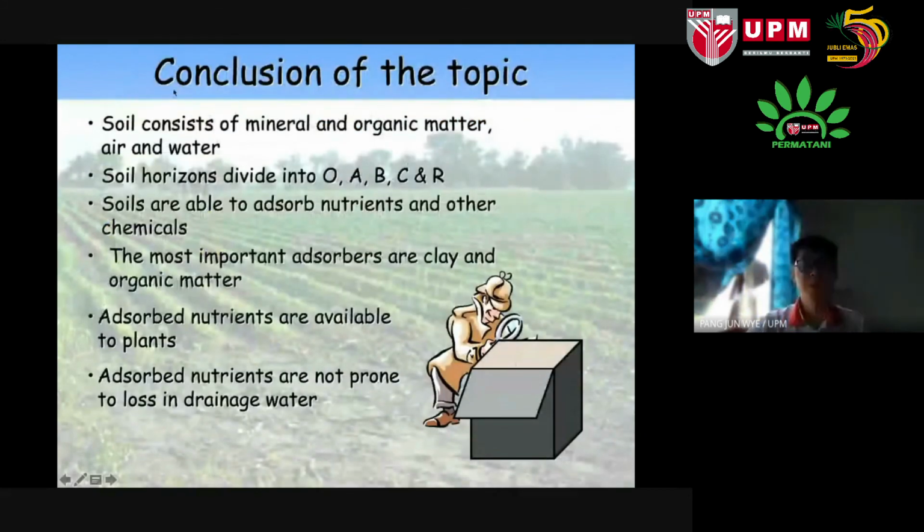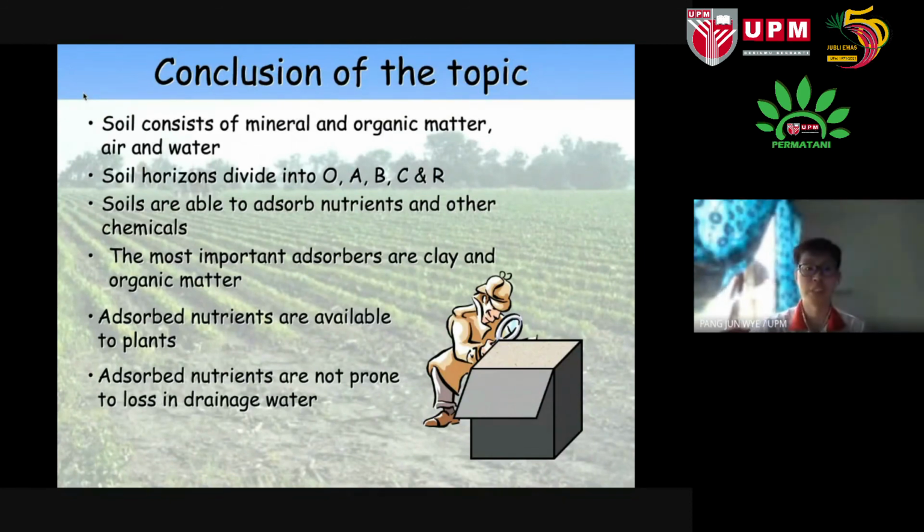All right. Last but not least is the conclusion of the topic. From the overall slides that I have explained, we know that soil consists of minerals, organic matter, air and water, and is divided into horizons, which are O, A, B, C, and R. Soils are also able to absorb nutrients and other chemicals, as in the absorption slide, absorbing water and nutrients for plant growth.